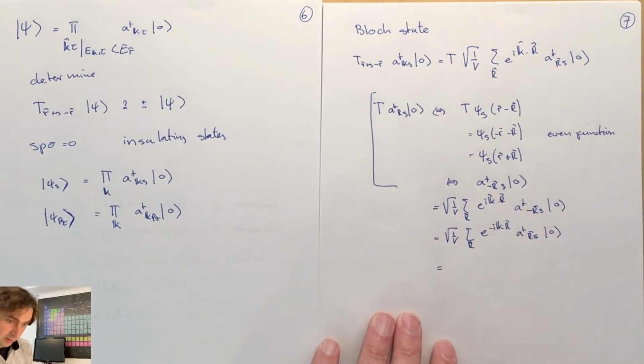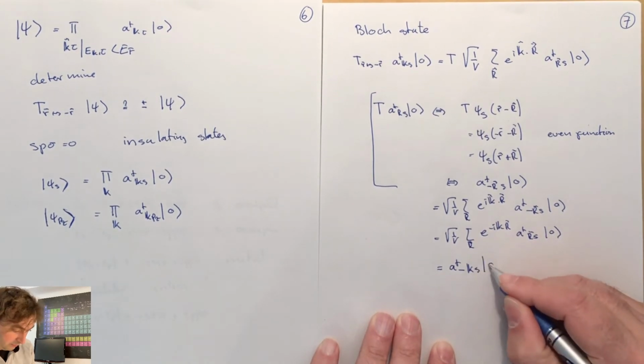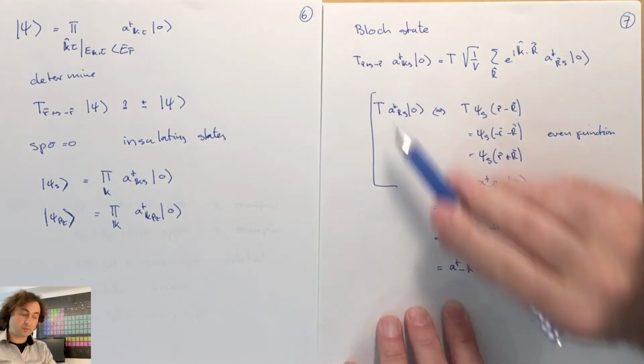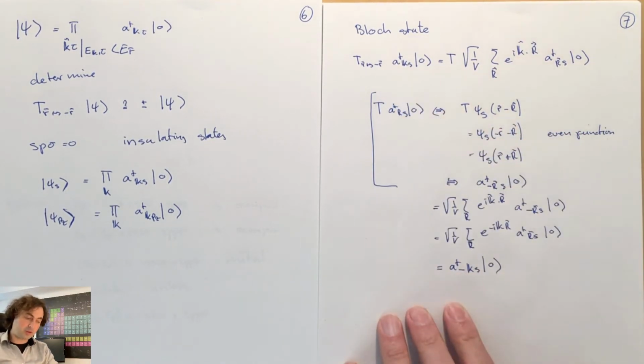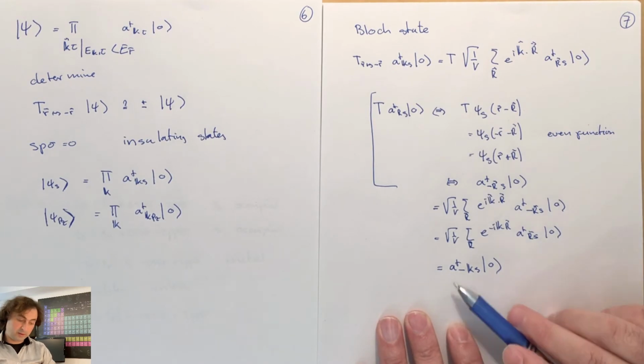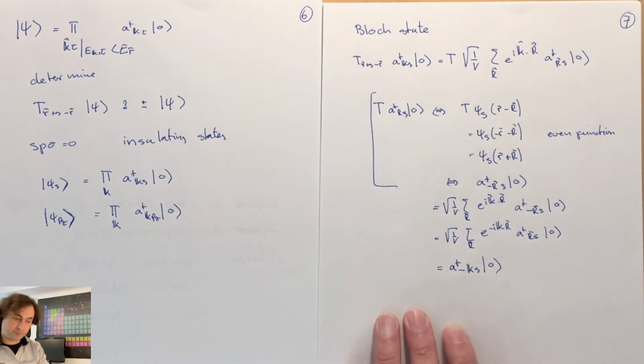And this is equal to a dagger minus k s acting on the vacuum. So inverting a Bloch state with wave vector k, built out of s local Wannier orbitals, gives me the Bloch state with a dagger minus k s.